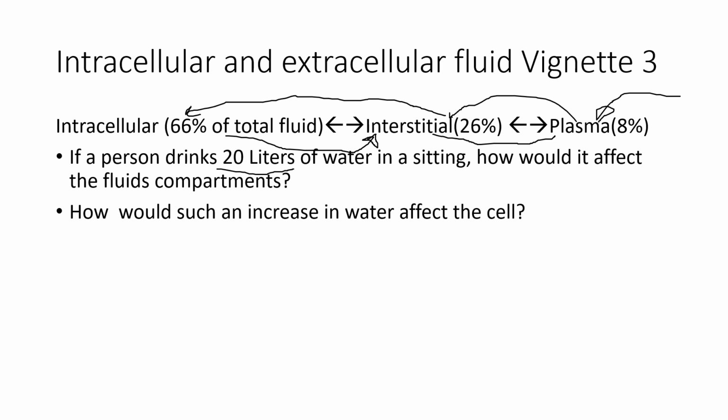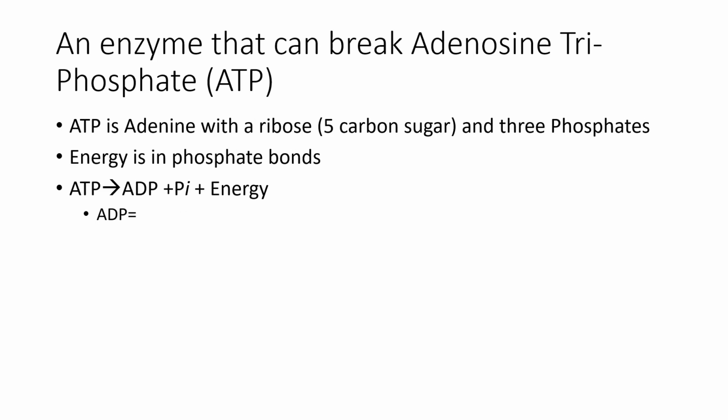And so you're going to end up having swelling of the cells or the interstitium. And if you have something that swells and it's in, let's say, the skull, they won't do so well. So this tells you how this would affect the cell. Well, it can cause them to swell and lose the solutes and not function properly.